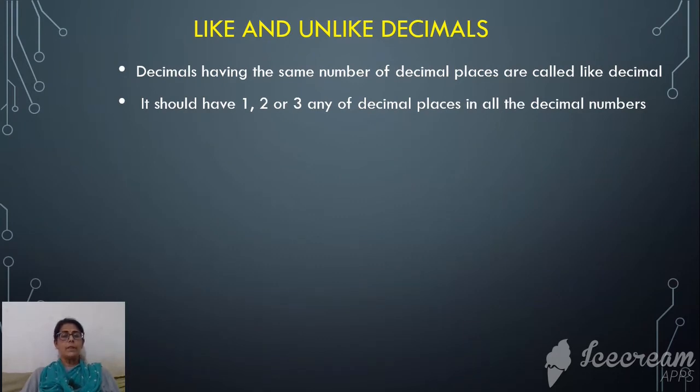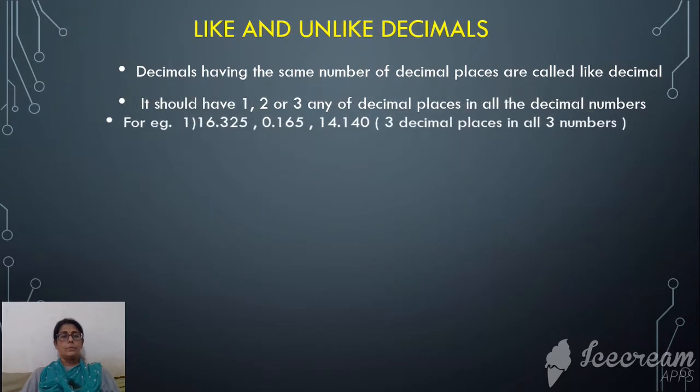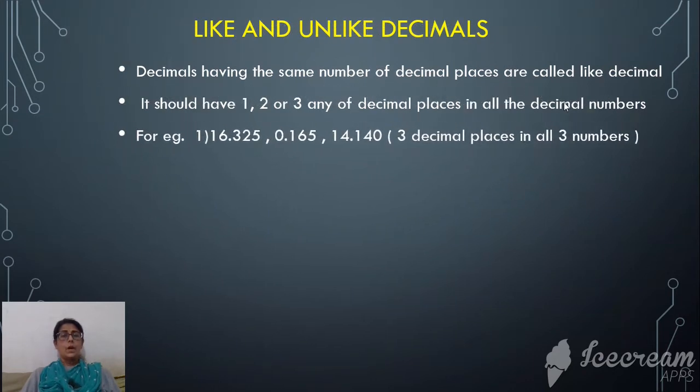See, we will check with an example. Here you can check the numbers given: 16.325, 0.165 and 14.140. So we don't have to check these whole numbers. We have to check the numbers after the decimal point, right?